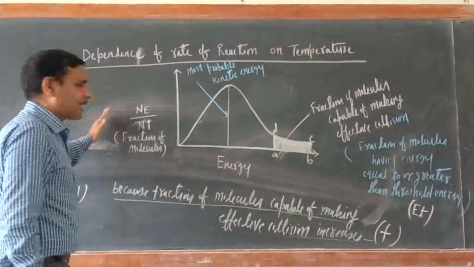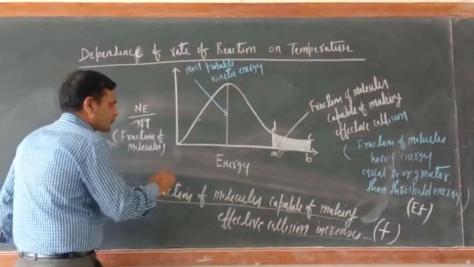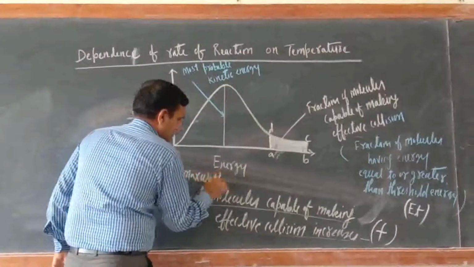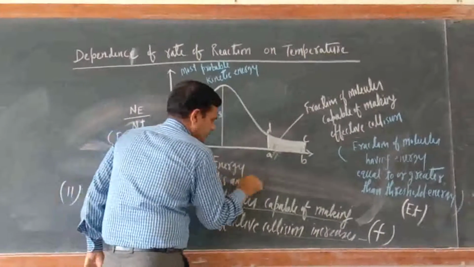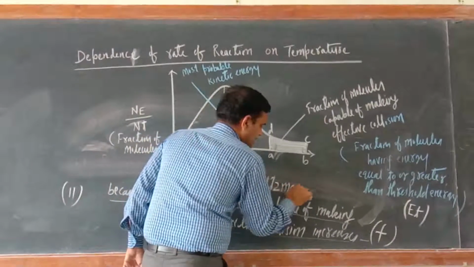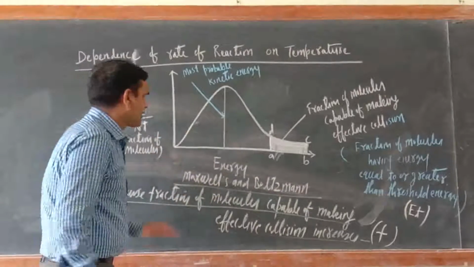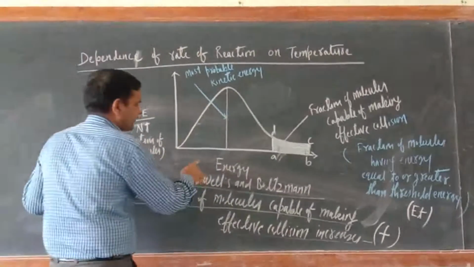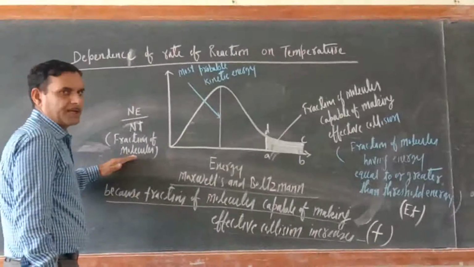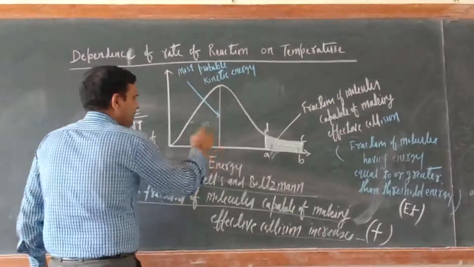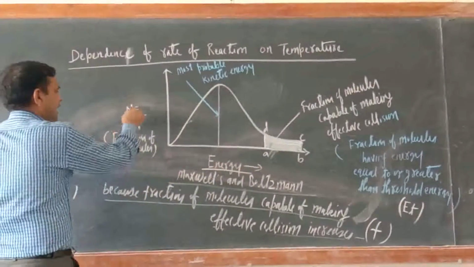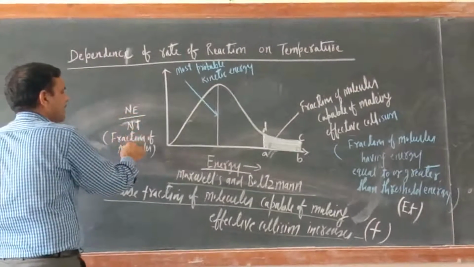Just see. For explanation of this one, there were two scientists, Maxwell and Boltzmann. They studied the effect of temperature on the fraction of the molecules capable of making effective collision and energy. They plotted a graph between energy and Ne by Nt. What is Ne by Nt?